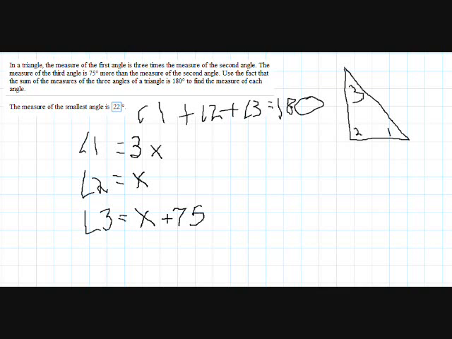The easy part is now to come up with what x is. I'm adding all 3 of these angles like I did up here, all equal to 180. So angle 1 is 3x. Angle 2 is just x, and I'm adding them together.